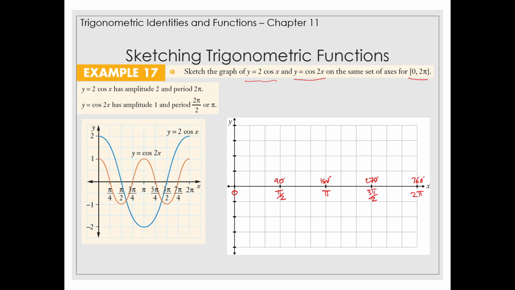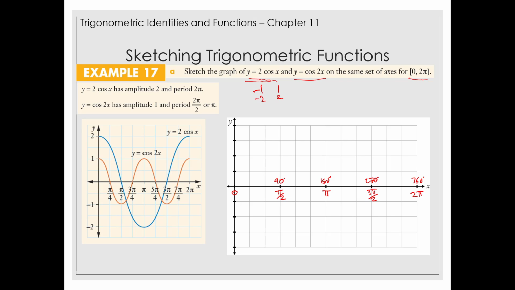Now, what this is saying is y is equal to 2 times cosine of x, so every answer we get is going to get multiplied by 2. Because cosine x itself only varies between -1 and +1, then 2 cosine x is going to vary between -2 and +2.